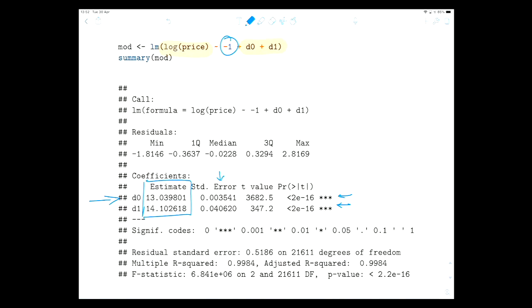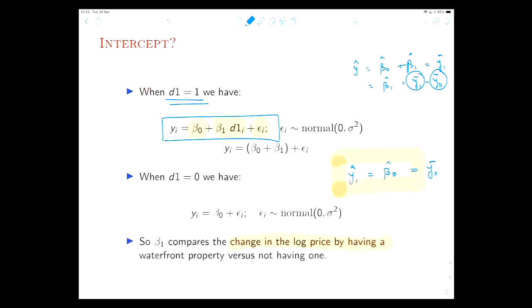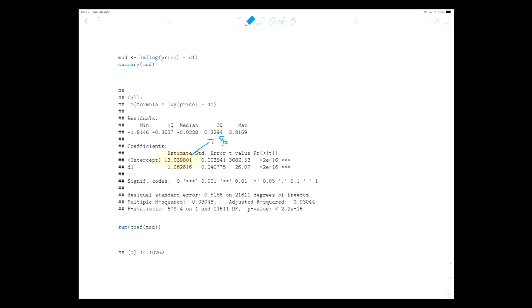Same. But now the estimate for D1, so beta 1 hat, is equal to 1.062. And this, you will notice, would be equal to Y1 bar minus Y0 bar.